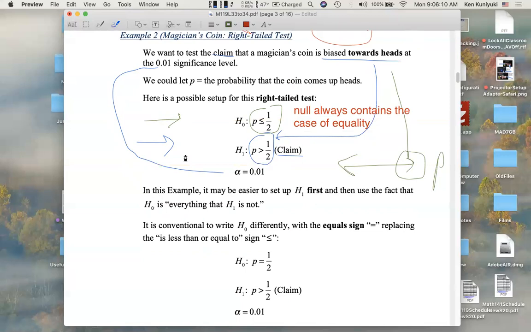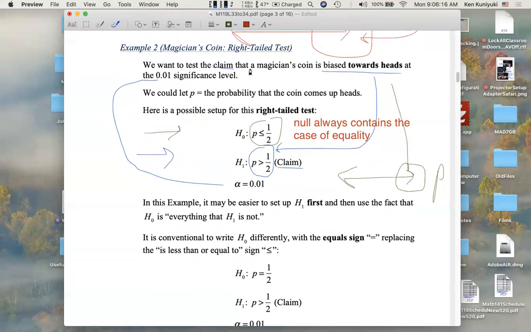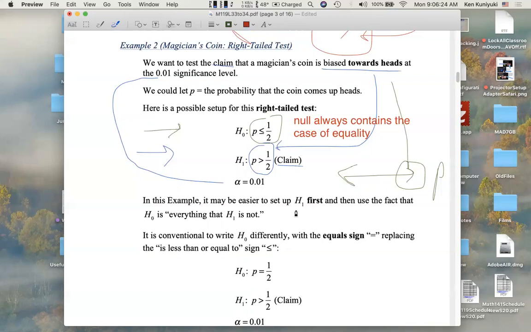Now, as you saw me do here, in this example, it may be easier to set up the alternative hypothesis first, because the claim here, the bias towards heads, that implies a tail, that corresponds to the alternative hypothesis. And that's fine. You can write the alternative hypothesis first. Okay? And then use the fact that the null is everything that the alternative is not.